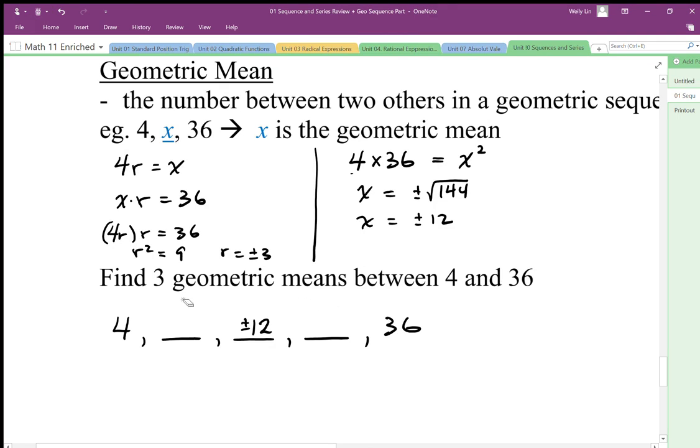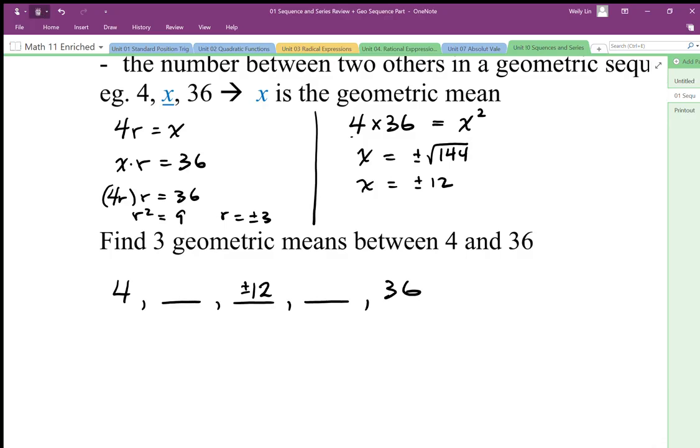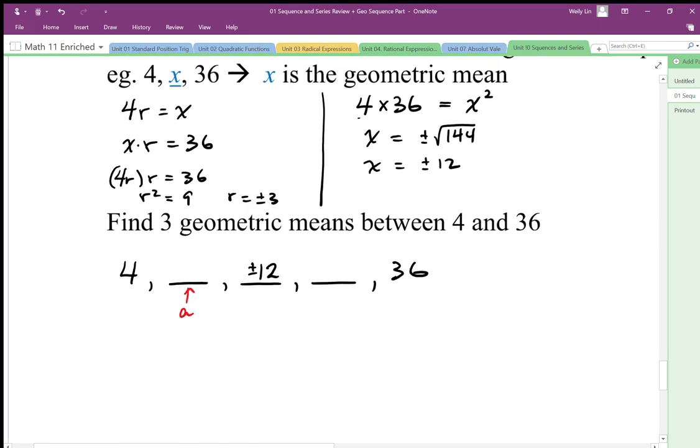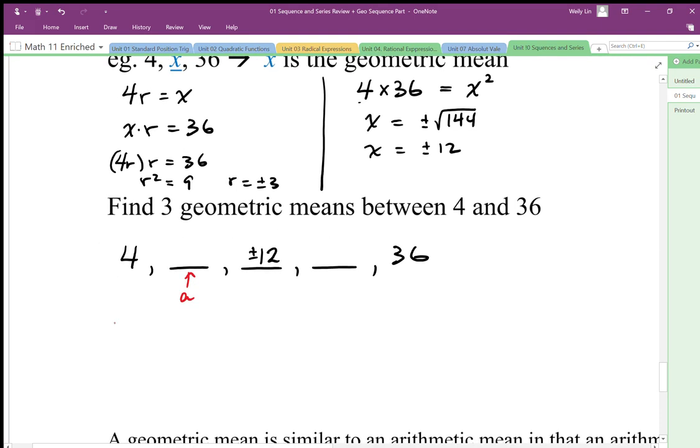Now, I can still use that halfway principle here to find the halfway point, this number here, which I'll call A. I can find it by saying that A squared is equal to 4 times 12, which is 48.